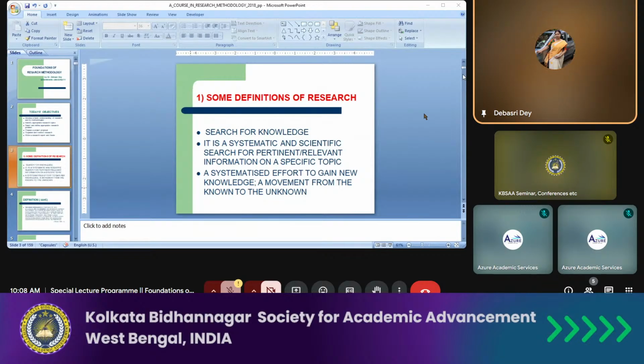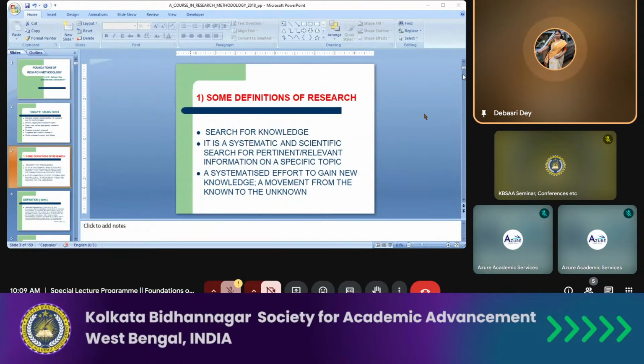A famous definition which can be quoted is from the Encyclopedia of Social Science, by Dr. Seligman and Mr. Stevenson in 1930. They introduced the concept of research, and from that time onward the research methodologies have been followed till date.